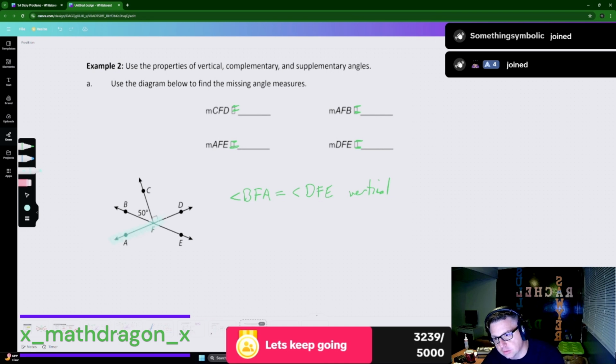But this is what I truly want to look at. Because I have angle CFD, so I have this angle right here, plus angle CFB right here, plus BFA equals 180.